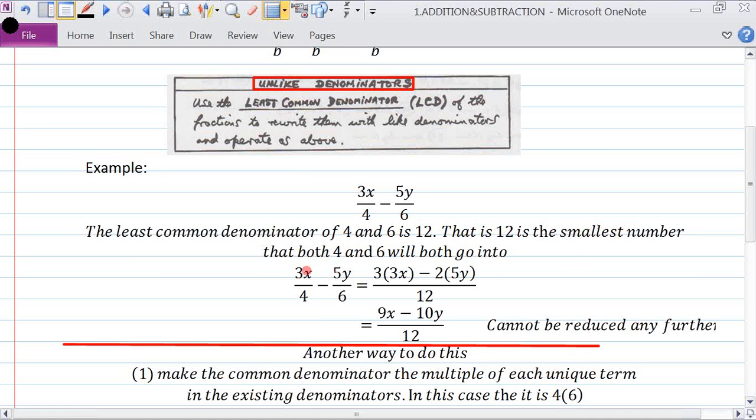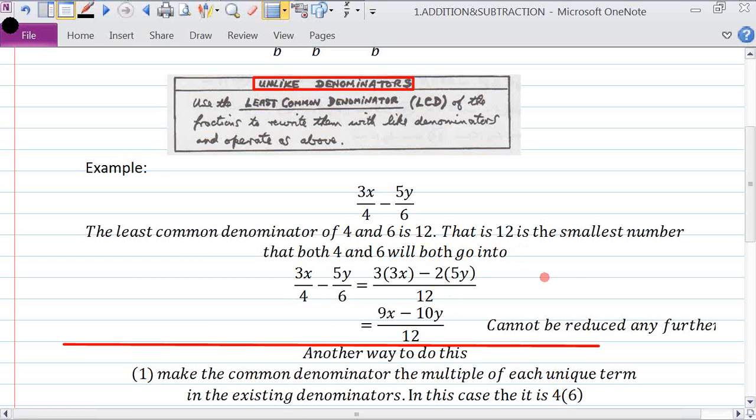And that is 12, which is the smallest number that both 4 and 6 will go into. So I now rewrite the problem, 3x over 4 minus 5y over 6. I put the common denominator right here. The lowest number that both 4 and 6 will go into is 12.